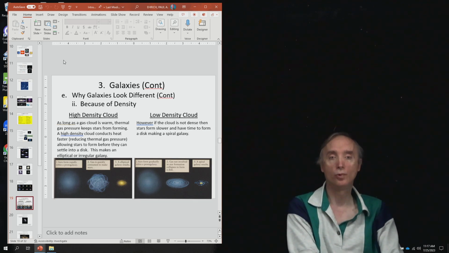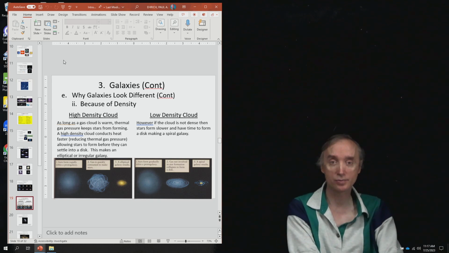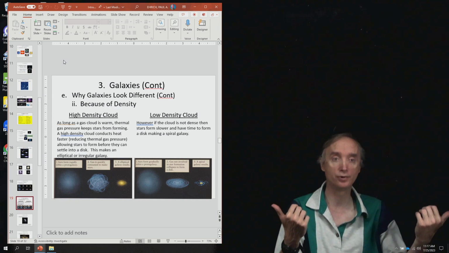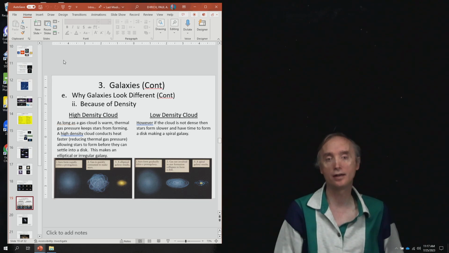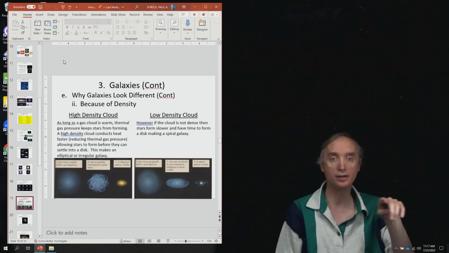So one way of getting rid of that thermal gas pressure is if you have a dense galaxy. If you have a high density galaxy, then the heat can be conducted away and out of the galaxy. That cools the galaxy down, which means there's less thermal gas pressure. And so stars will form before they have a chance to make a disk. So this is going to be a spherical galaxy.